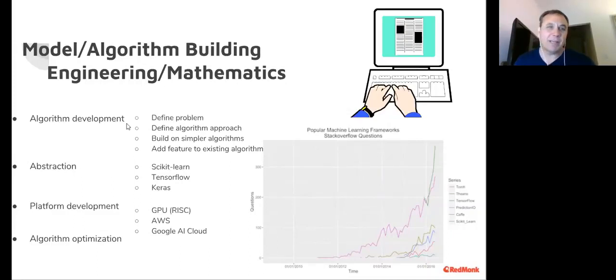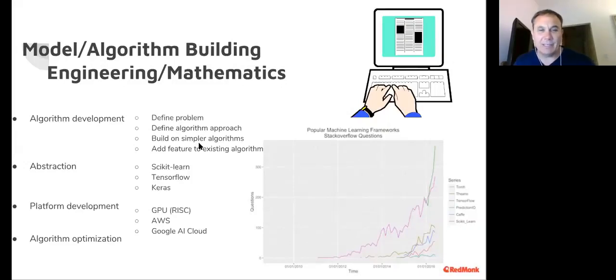Then some people sat around and said, okay, how are we going to solve this? And they talked about the approach of creating the algorithm. How do we want to do this? And I guess the next part, are we going to build on a simpler algorithm? Like, for instance, go from a simple tree algorithm to a boosted tree.